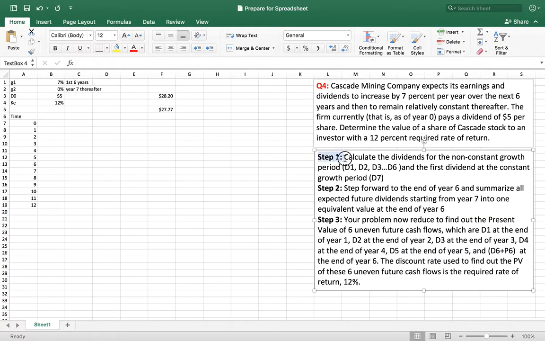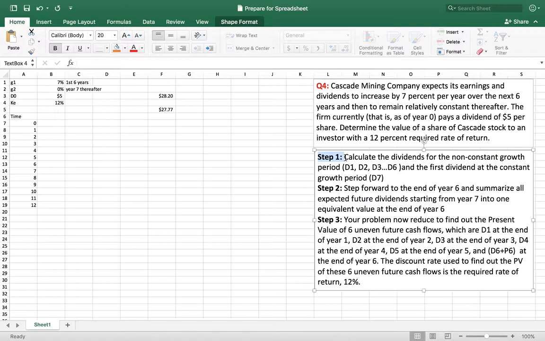The first step of implementing the non-constant growth dividend valuation model is to calculate the dividend of each period during the non-constant growth period and the first dividend for the constant growth period.